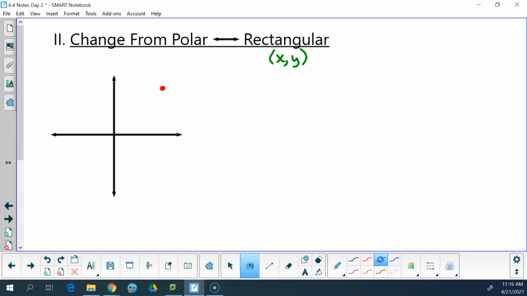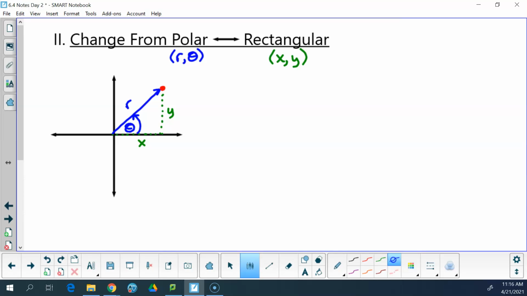We would go x this way, y that way, and we would get that location in space on the Cartesian plane. In polar form, that would be r, theta, where we would go directly to it with a length of r and an angle of theta.